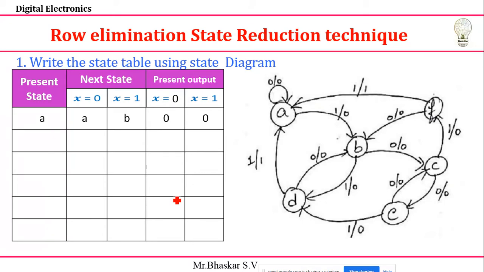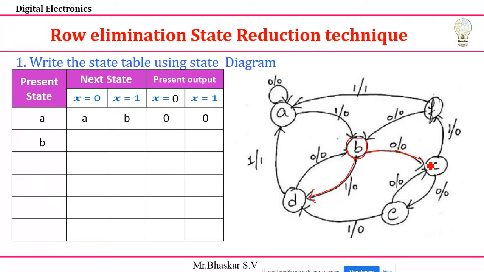I'll take my present state as B. Tell me, if x is equal to 0, what is the next state from B? See, this is my B state. You have so many arcs to it, but for leaving you need to take this one as well as this one.